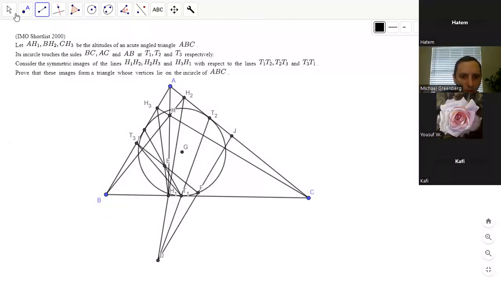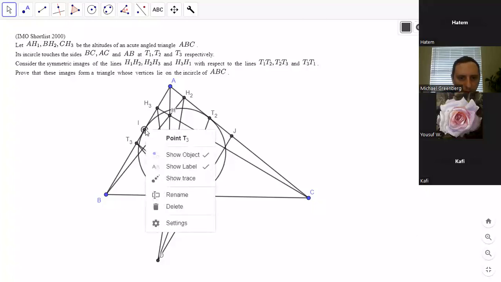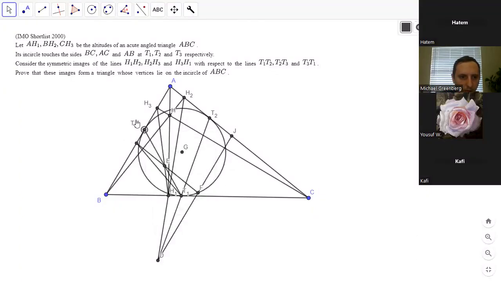Okay, actually now I'm confused. I don't even know which is I and which is T. Okay, so I switched the labels for T3 and I, so it should really be like that. I guess point I is not really part of the problem. You just take this line and reflect it, but I just wanted to make it look nicer.